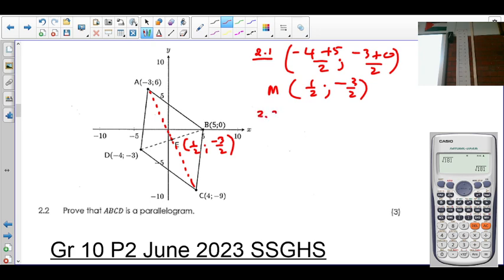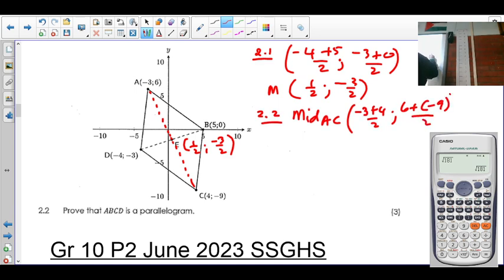So in 2.2, I'm not going to call it M, I'm going to call it the midpoint of AC, because I'm not sure if it's M yet. So it's going to be x1 plus x2 over 2, and then y1 plus y2 over 2. So that gives us an answer of a half and negative 3 over 2. What do you notice? The same as E.